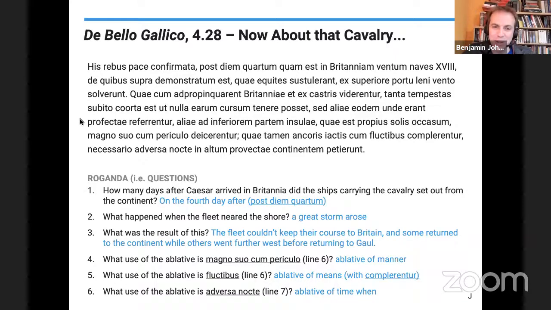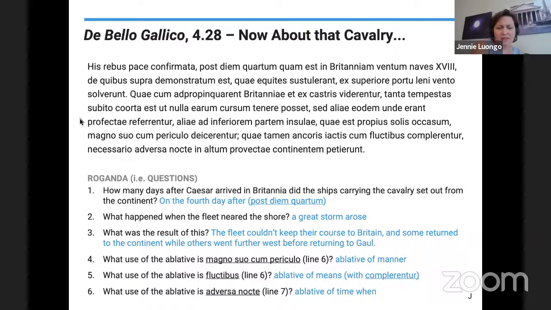How great it was, so great that none of them posset, were able, tenere cursum, to hold their course, but some were carried back, referebantur, to the same place, unde erant profecti, from where they had set out, and then alii, others, deicerentur, were thrown down ad inferiorem partem insulae, to the lower part of the island, quae est propius solis occasum, which is nearer the west, the setting of the sun.